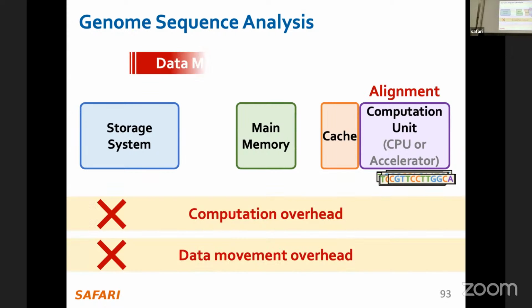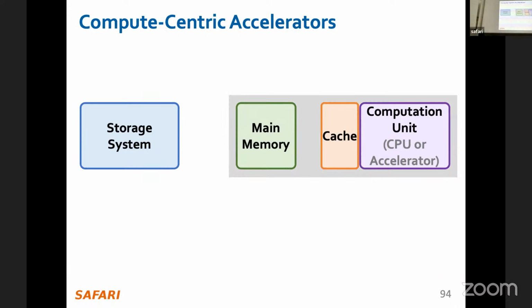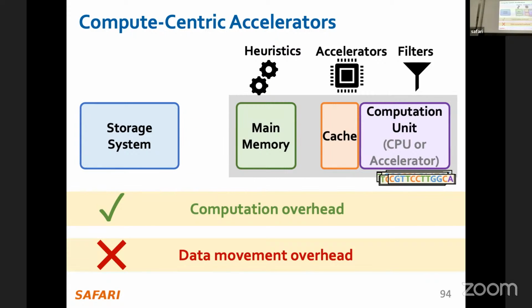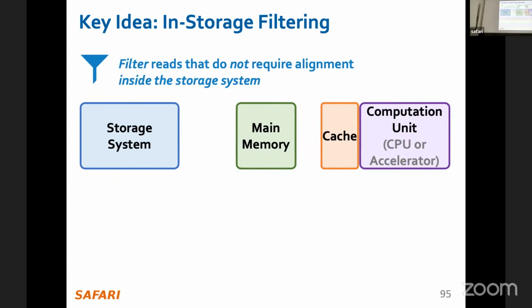And this creates some computation overheads and data movement overheads. There are some accelerators based on some heuristics or some hardware designs or some filters that try to reduce the amount of computation overhead when you're doing this genome computation. But still, regardless, you need to move the data out of the storage to the computing units before doing anything.